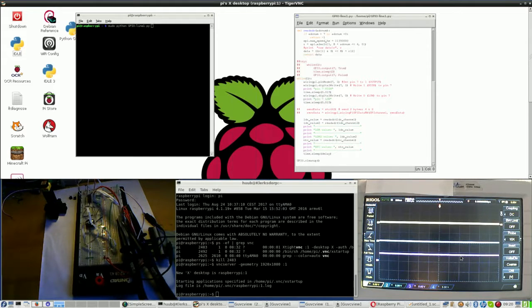Last time I showed you schematics, and after that I changed the layout.